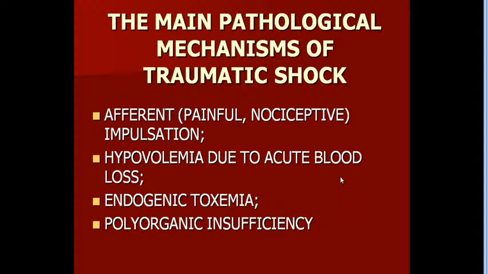It has four roads. The first road to start endogenous toxemia is absorption. Toxins from necrosed tissue pass into the body. Next, chemical: decreased oxygen, and chemical processes made without oxygen.